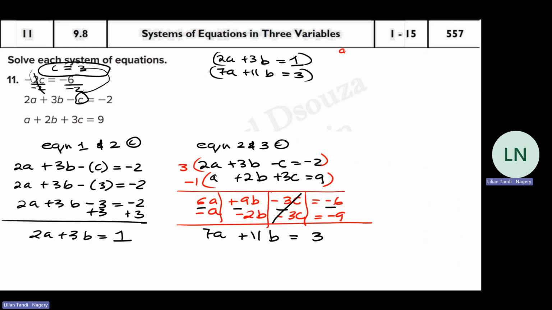I'm eliminating A, so this will be 7 and this will be 2. So I have 14A plus 21B equals 7. And 14A plus 22B equals 6.